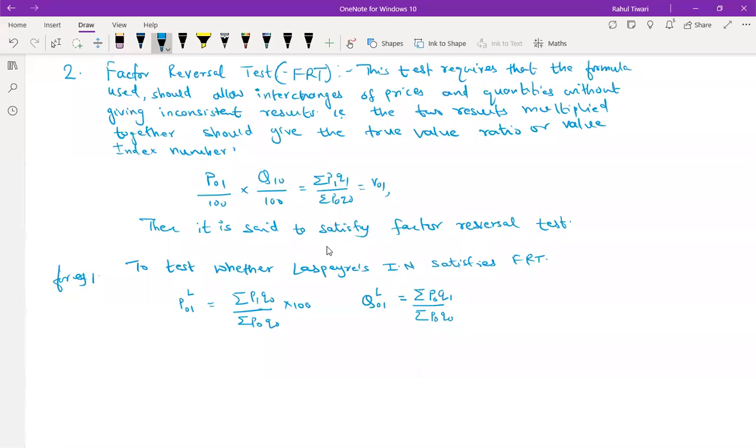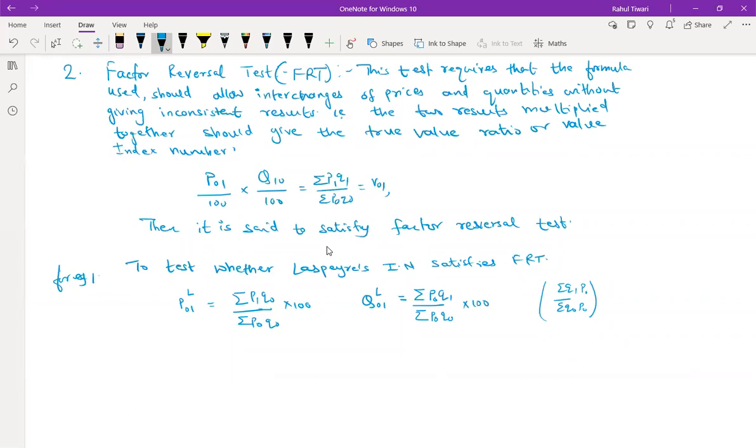Remember the quantity? Anyone remember how to do it? The usual form for quantity is Q1 upon Q0, right? You have to multiply by P0, that is Q1 P0 upon Q0 P0. I hope you remember. So just remember the quantity weighted quantity average. Based on that you can obtain the quantity index number, multiply with 100.